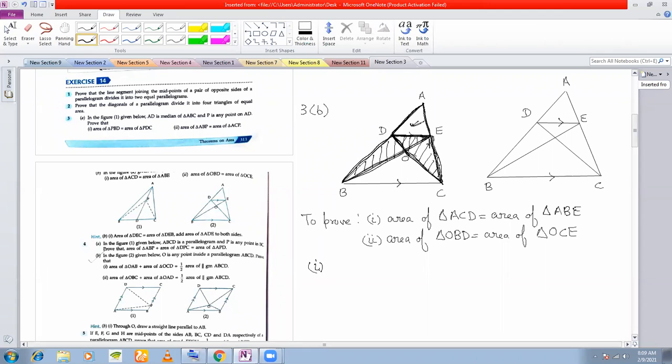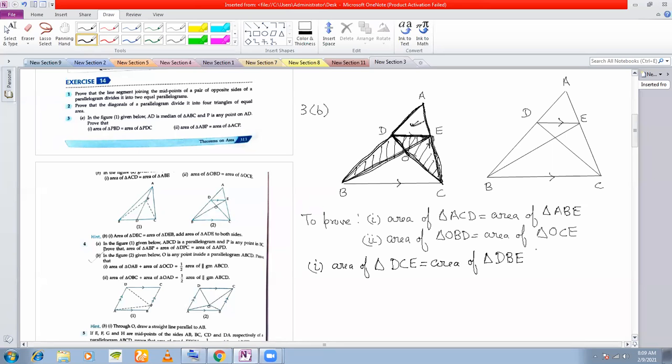So we start by saying, for the first one, area of triangle DCE is equal to area of triangle DBE.